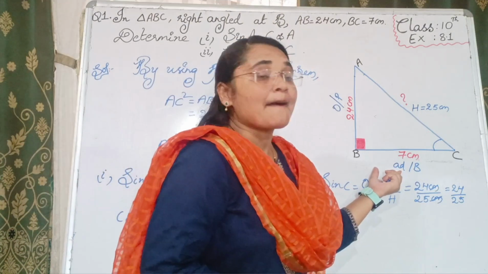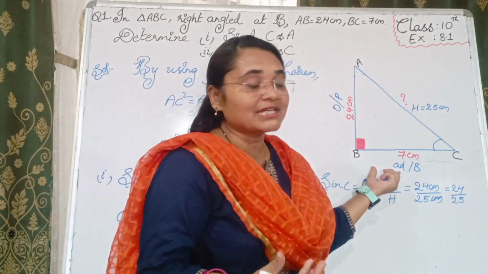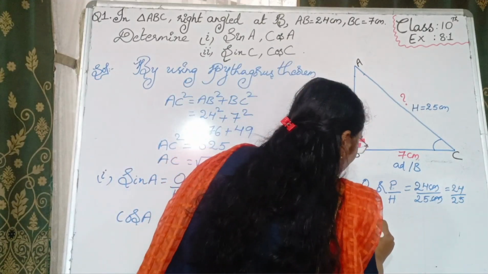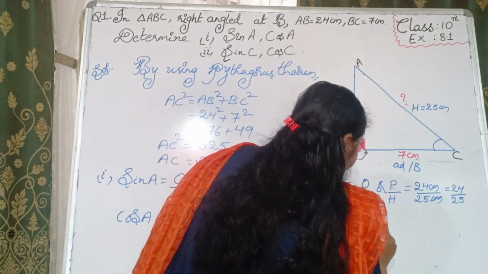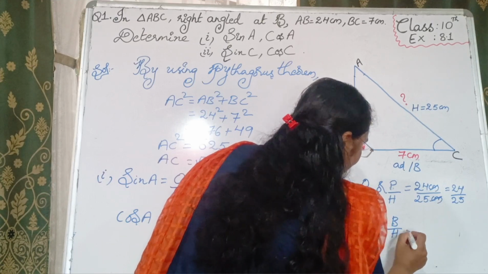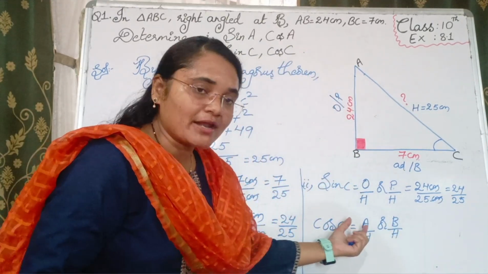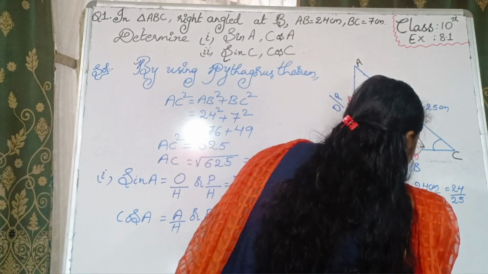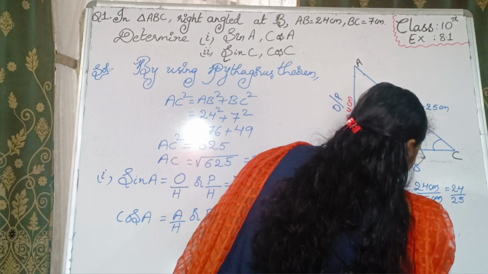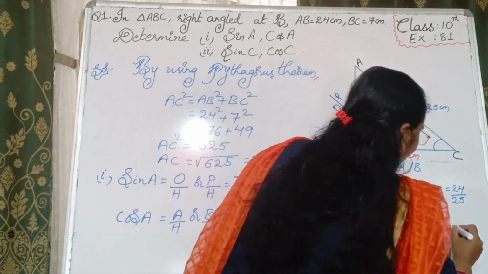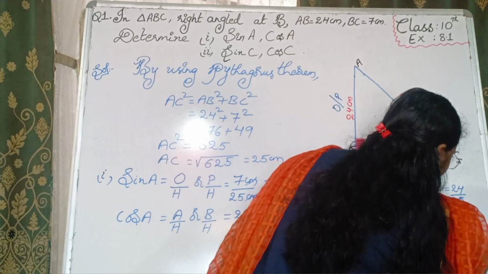What is adjacent here? BC. What is the length of BC? 7 centimeters. So adjacent is 7 centimeters upon hypotenuse 25 centimeters. Centimeter gets cancelled. The value will be 7 by 25.